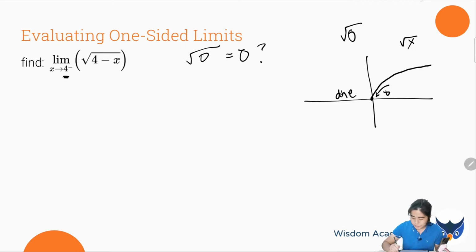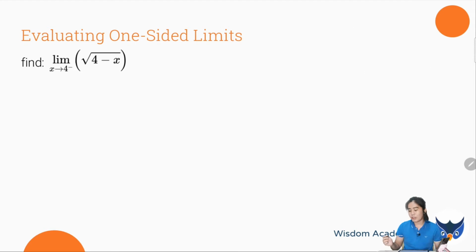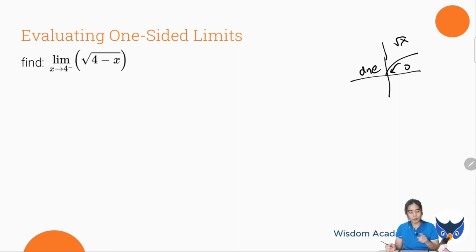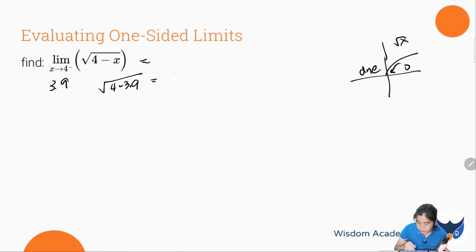Okay? Okay, so paano ba natin to magagawa in an easier way? So, para malaman if from the positive side, mag-substitute lang ako ng value na less than 4 pero near 4. For example, 3.9. So, kung magsasubstitute ako ng 3.9, makukuha ako dito ng square root of 4 minus 3.9, which will equal to 0.1.